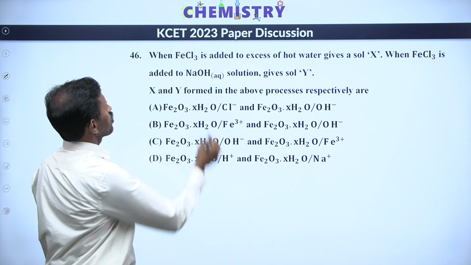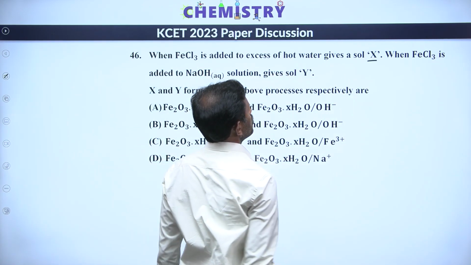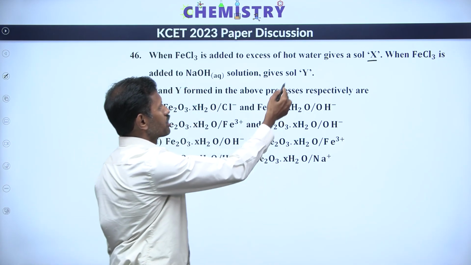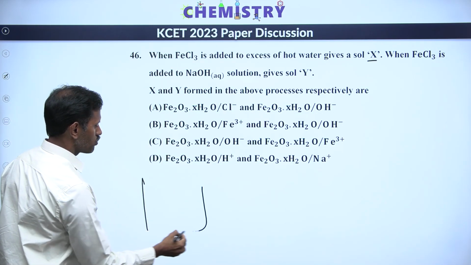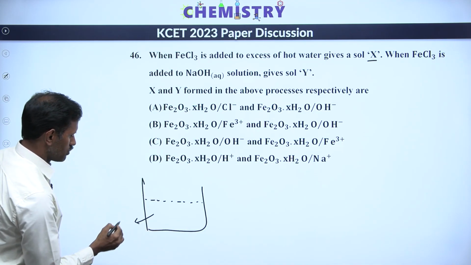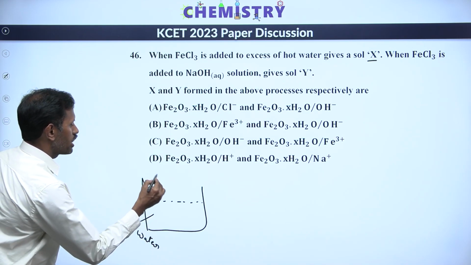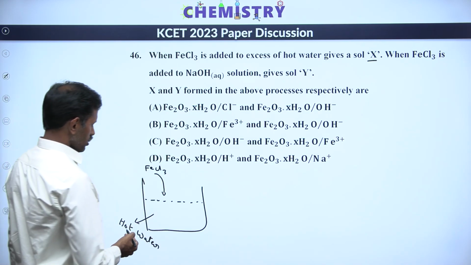Next, when ferric chloride is added to excess of hot water, it gives solution X. When FeCl3 is added to sodium hydroxide solution, it becomes Y. So, when you add ferric chloride solution to the hot water, what happens?